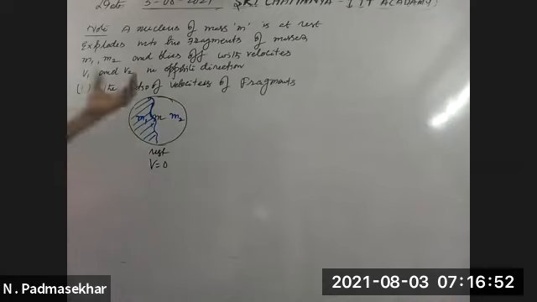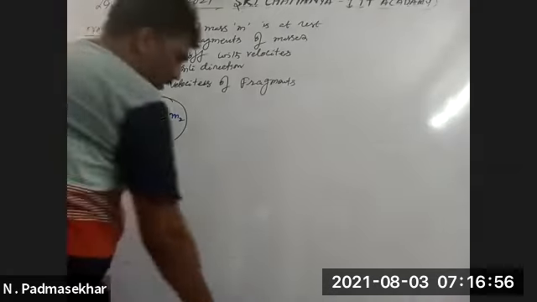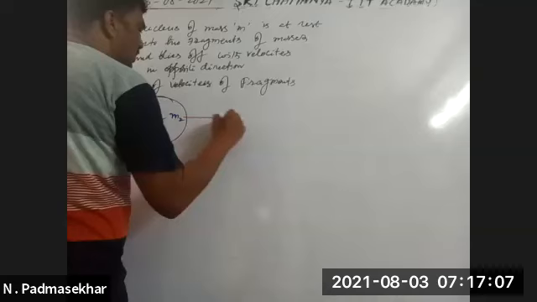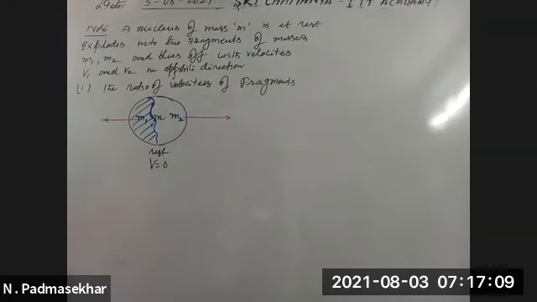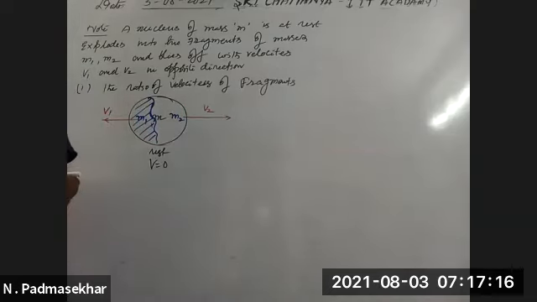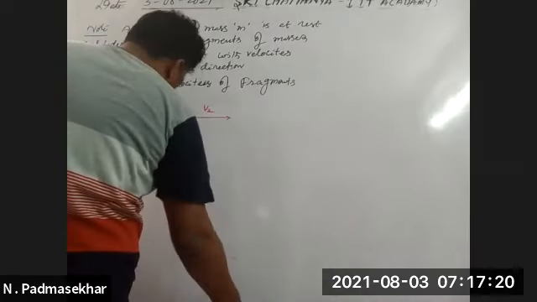If any body explodes into two fragments, according to the conservation of momentum, these two must move in opposite directions. The velocity of the first fragment is v1 and the velocity of the second fragment is v2.